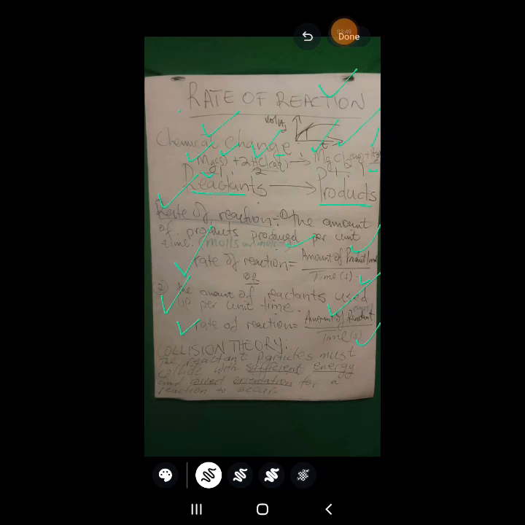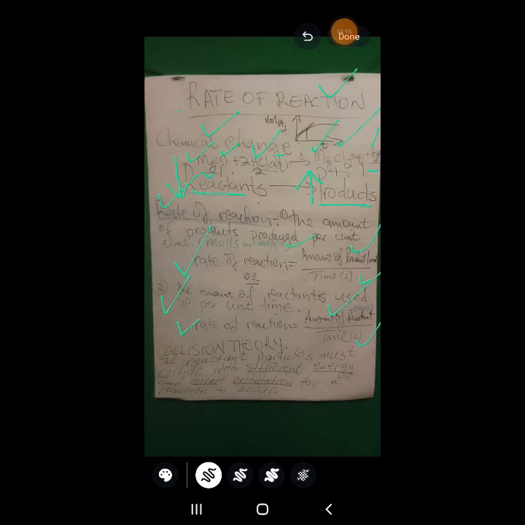Amount of products produced per unit time, or the amount of reactants used up per unit time. Because you must remember, as your reaction progresses, the amount of reactants will be decreasing because they are being used up to produce products. And what do you expect to happen with the products? The amount of products will be increasing with time.